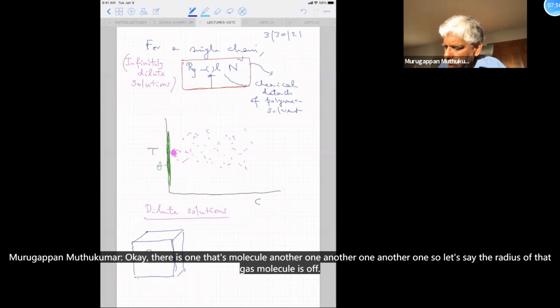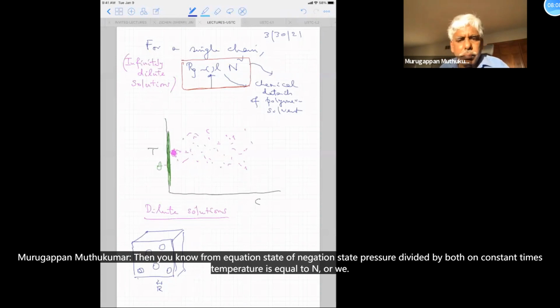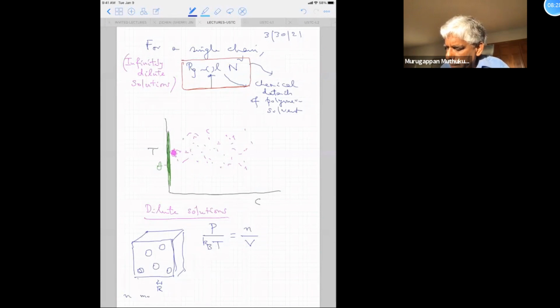There is one gas molecule, another one, another one, etc. Let's say the radius of that gas molecule is R. Then you know from the equation of state of a gas that pressure divided by Boltzmann constant times temperature is equal to N over V, because in this box there are N molecules in volume V.